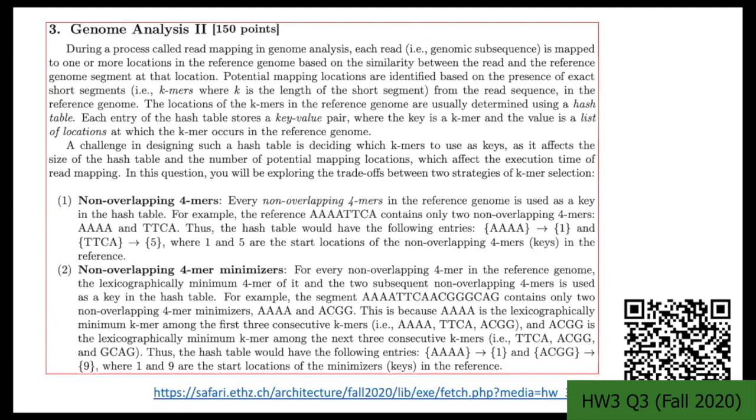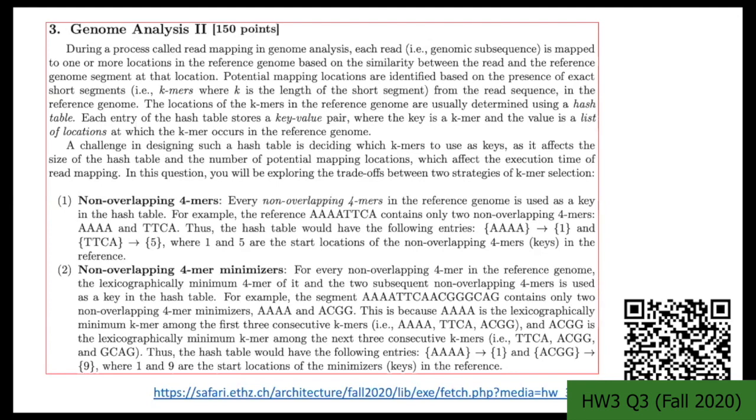And this read is mapped to one or more locations in the reference genome based on the similarity between the read and the reference genome segment at that location. So basically, we try to infer the potential location of this extracted read in comparison to the entire reference genome or reference sequence.